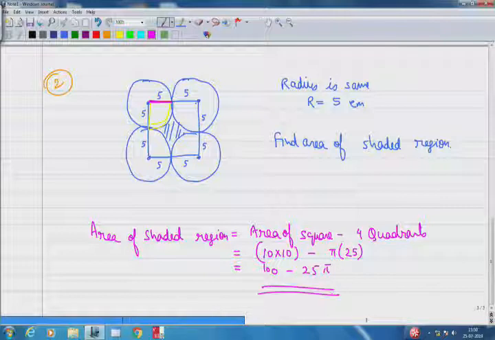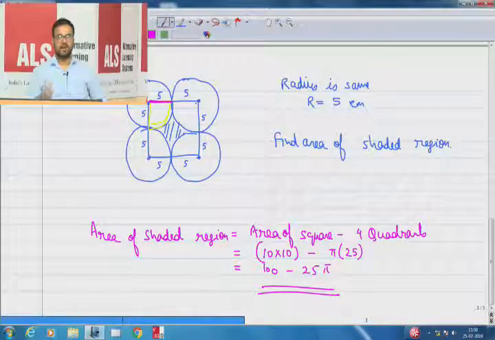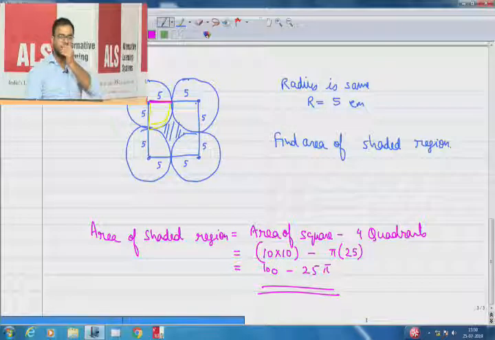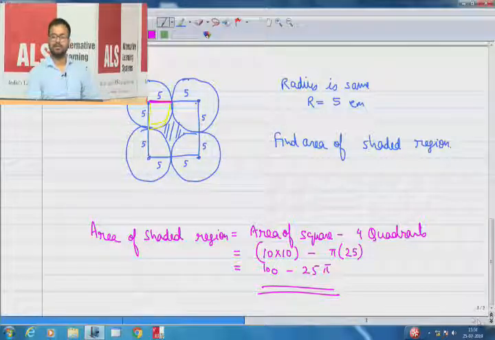This is the answer. Now you can substitute pi as 3.14 or 22 by 7 and then simplify. Any doubt in this one? Is this clear?